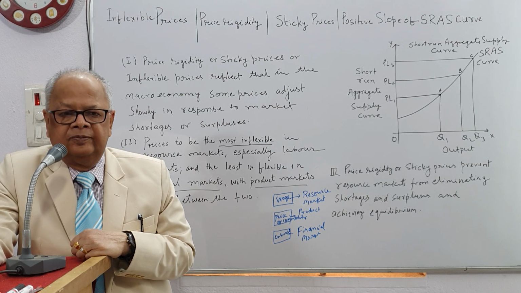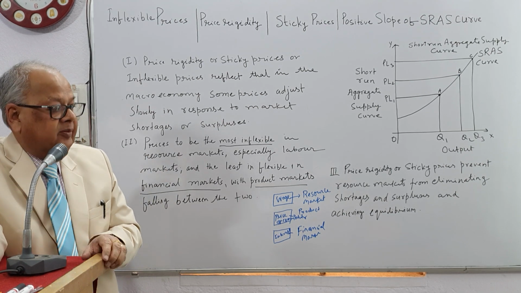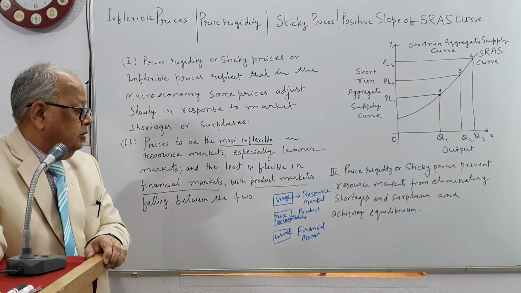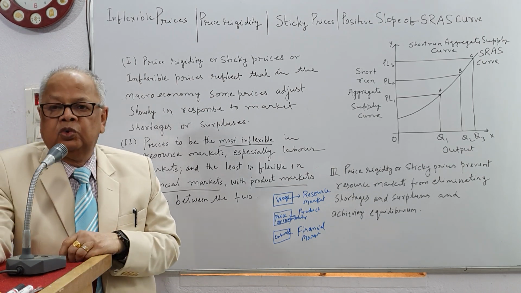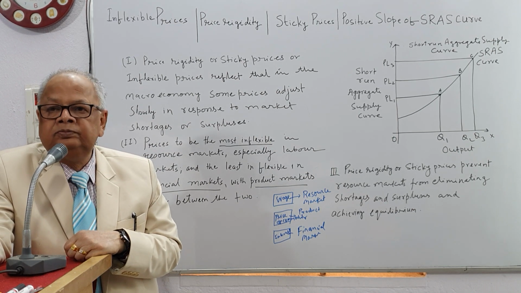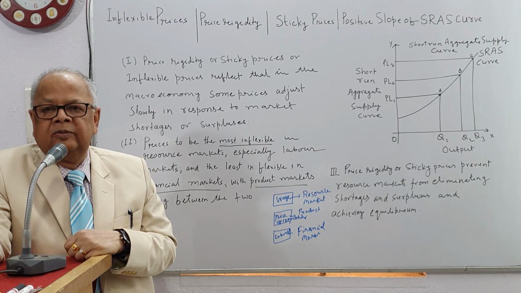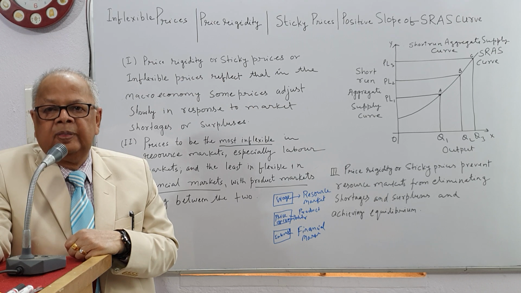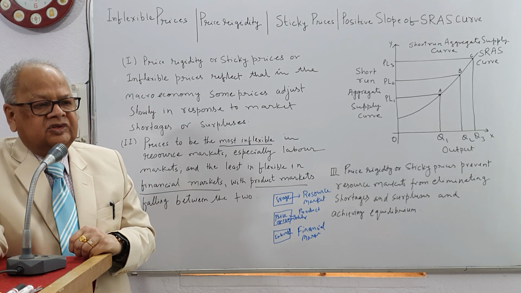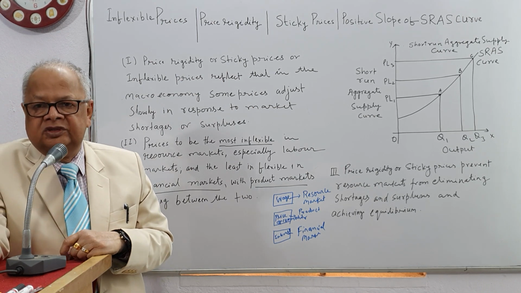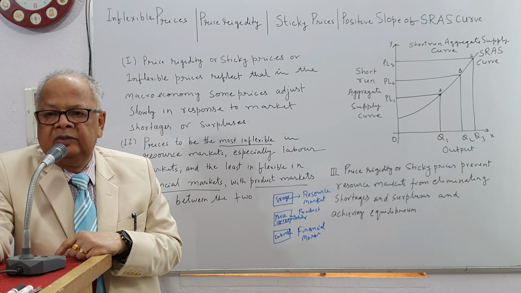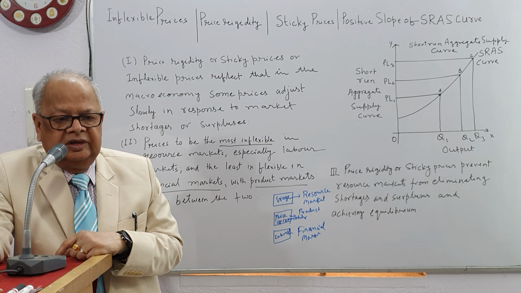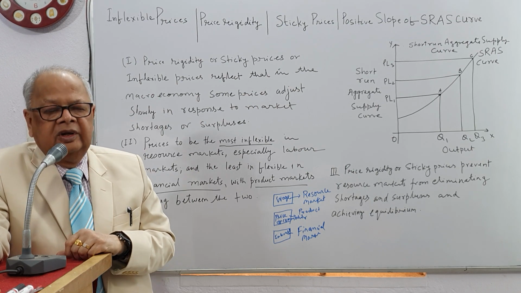Therefore, new Keynesian economists suggested taking factor price rigidity, commodity price rigidity and resource price rigidity as the reality in the short period.